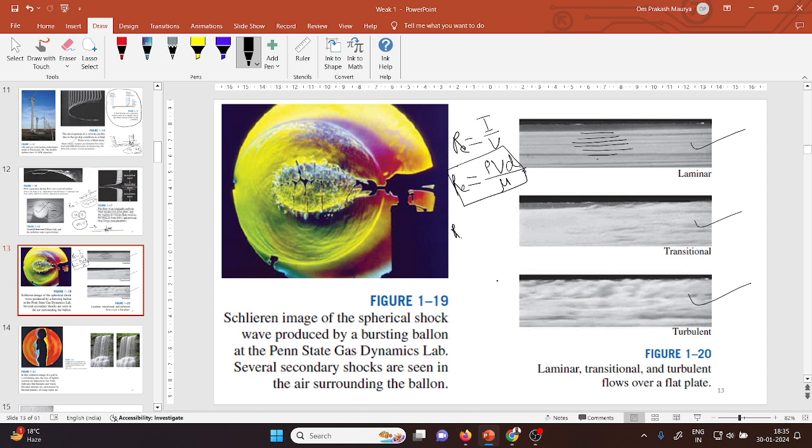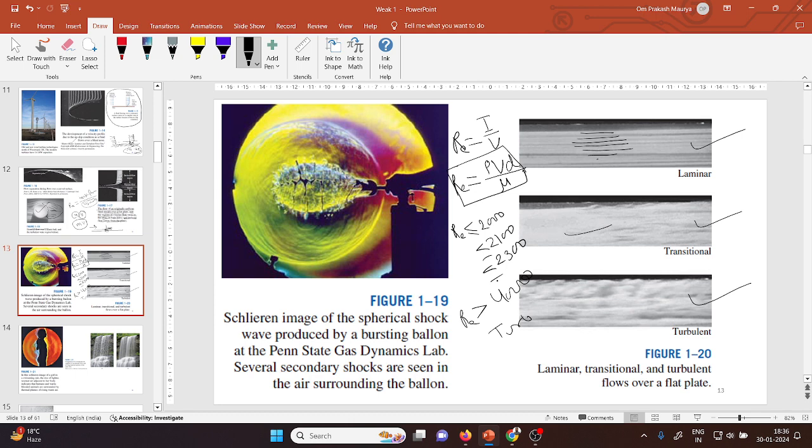If it is less than or equal to 2000, or somewhere it is written 2100, somewhere 2300, I have seen all, so always remember, it is laminar flow. If it is greater than 4000, it is a turbulent flow. In between is the transition flow.